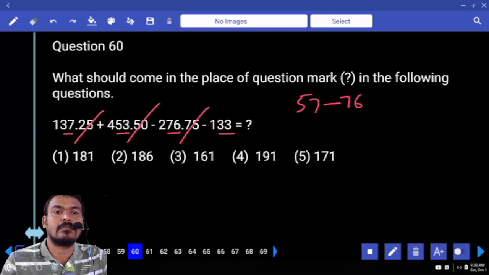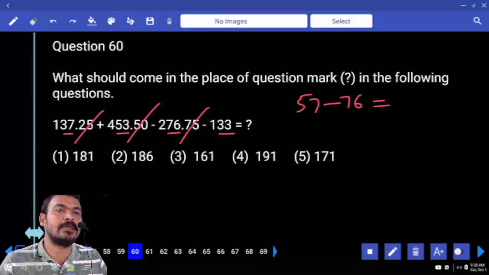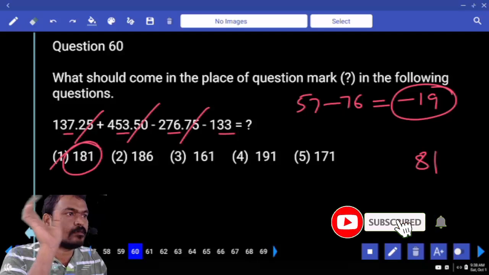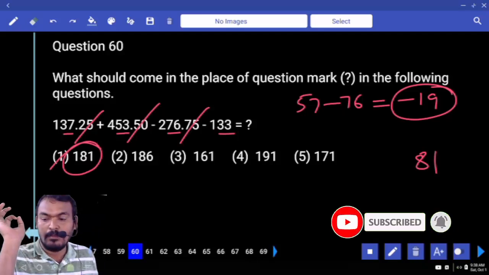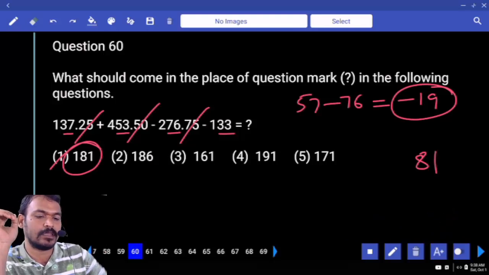Yes or no? What is the difference? Minus 19 or plus 19? Minus 19. Then answer should end with 81, error. How many options? Only first option, error. Minus 19 means we write 100 minus 19. Answer should end with 81.